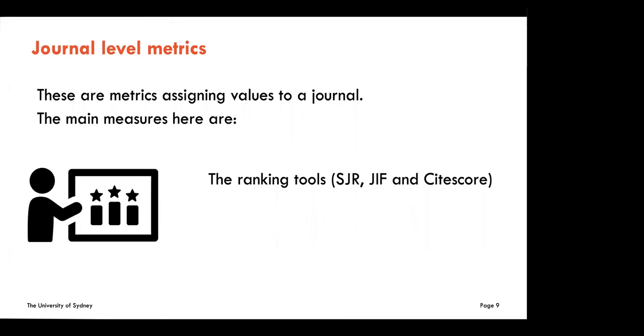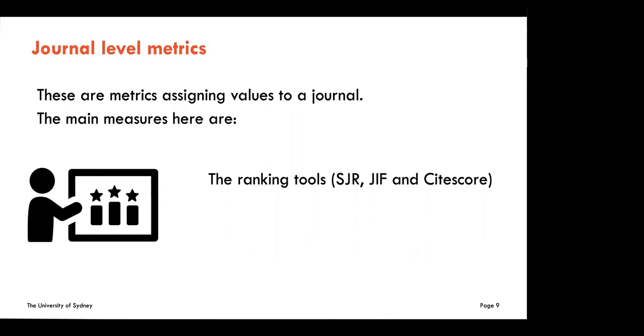The journal impact factor uses Web of Science insights data. It does a similar thing to SJR, but it uses the citation impact. It's not normalized data, however, so you can only really use it to compare titles within the same subject area. CiteScore is Scopus-driven data.